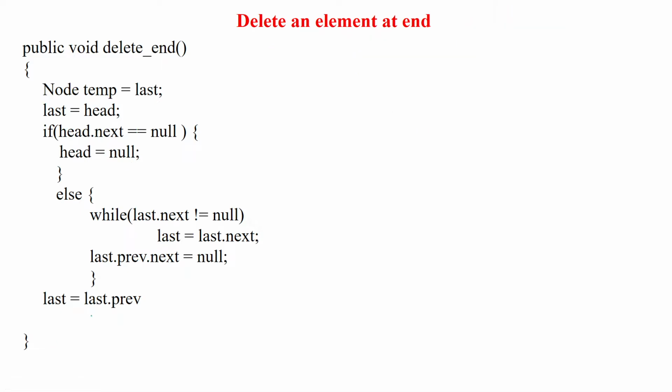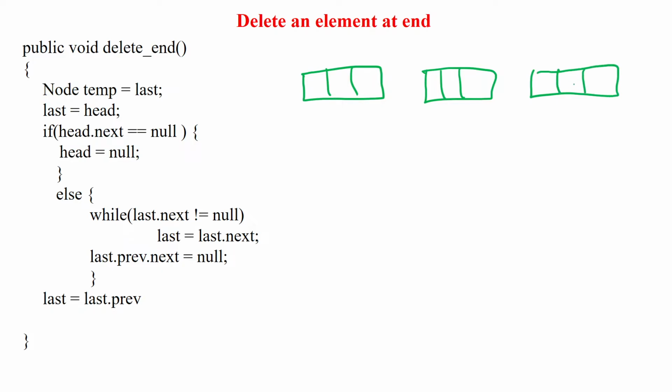Otherwise, if we have more than one node in the list, suppose we assume our list has three nodes. So this is 101, 102, 103. The head pointer is denoting 101. Then the first node's next field points to 102. Then the next field of the second node is 103. The link is created.